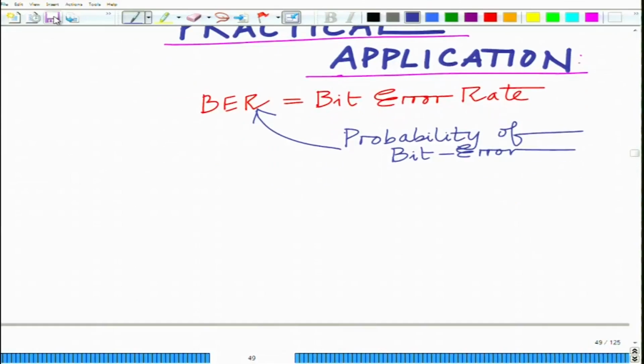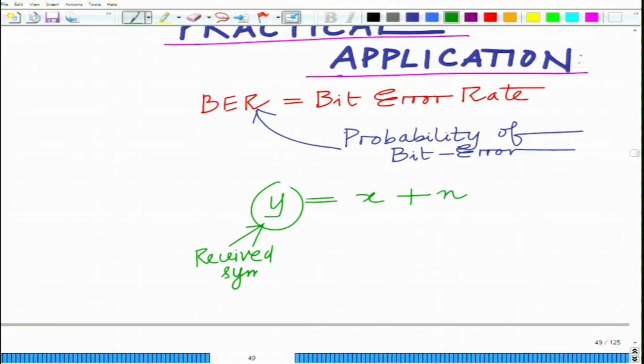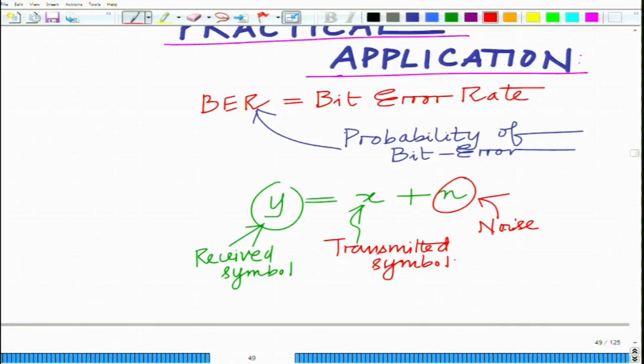All right. So, consider a very simple channel y equals x plus n, where y is the received symbol, that is the channel output, x is the transmitted symbol, and n is the noise, which is typically assumed to be white Gaussian with mean 0 and variance sigma square.